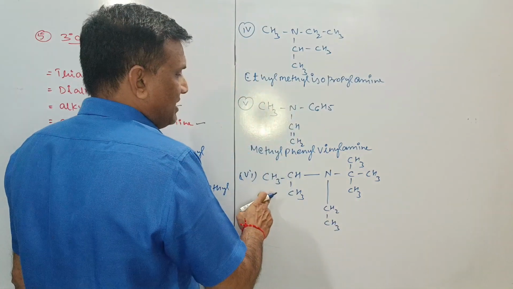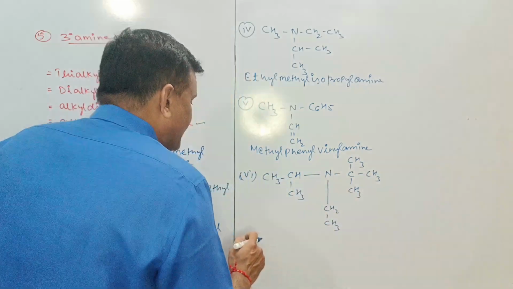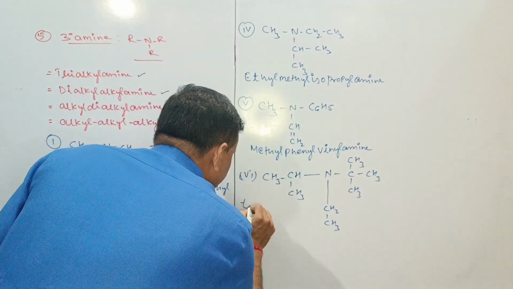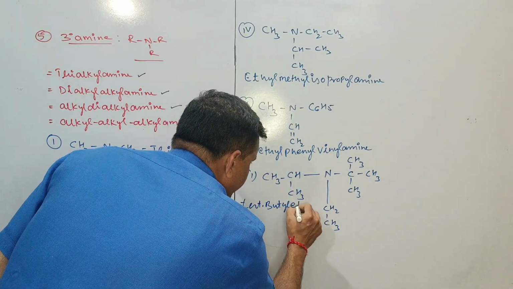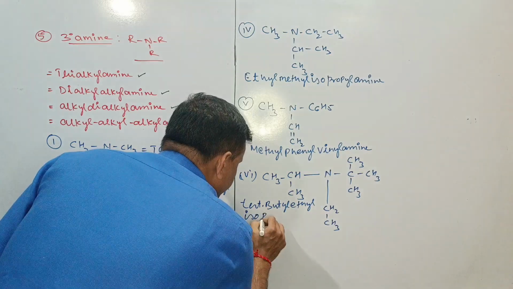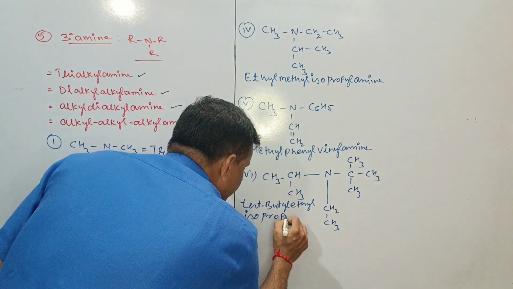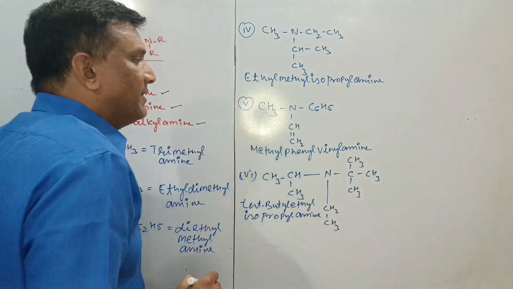So this is the isopropyl, this is the tert-butyl, this is the ethyl. So alphabetically it will be tert-butyl or 3-degree butyl, tert-butyl, ethyl, isopropyl, P will be less prior, isopropyl amine, the name of the compound.